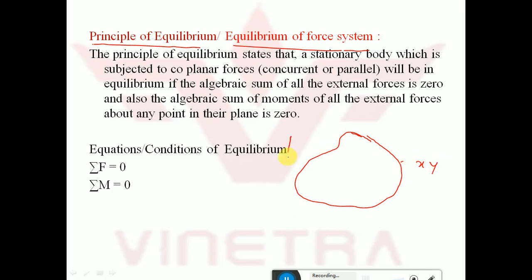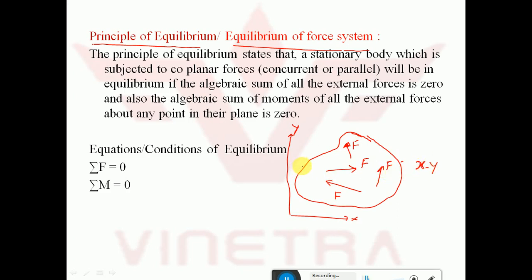Okay, this is x and this is y. Let us take an xy plane in which n number of forces are acting in some different directions. Let us take these as the directions of the forces, a few forces which are acting in this plane. So all these forces are concurrent forces acting in the plane x, y.